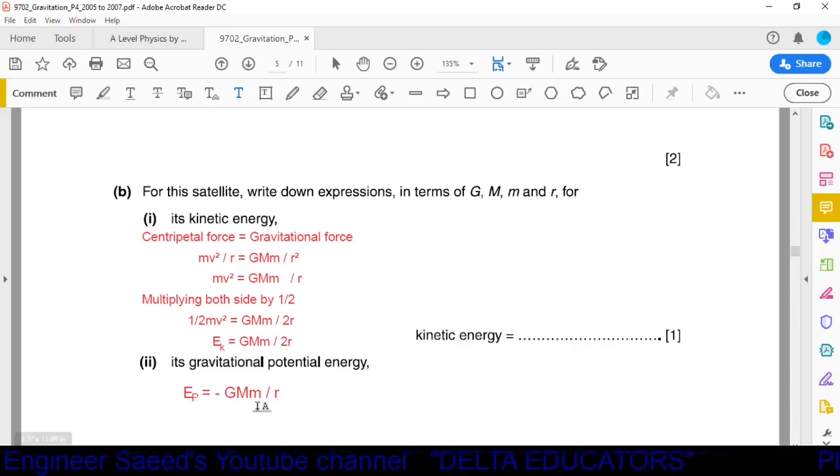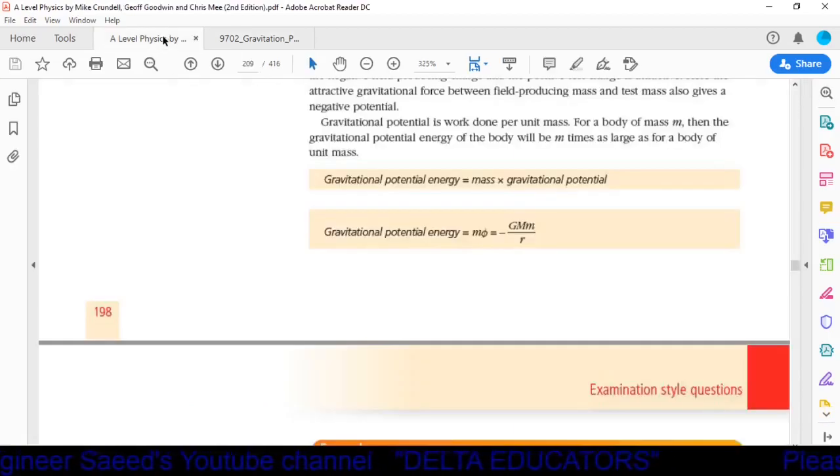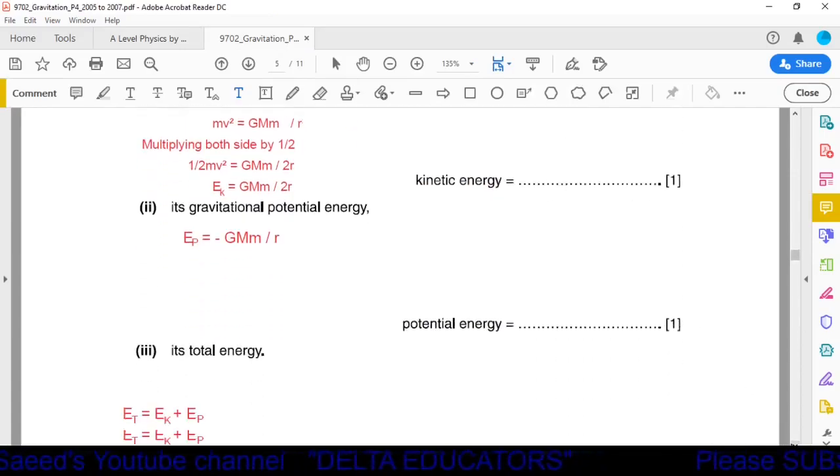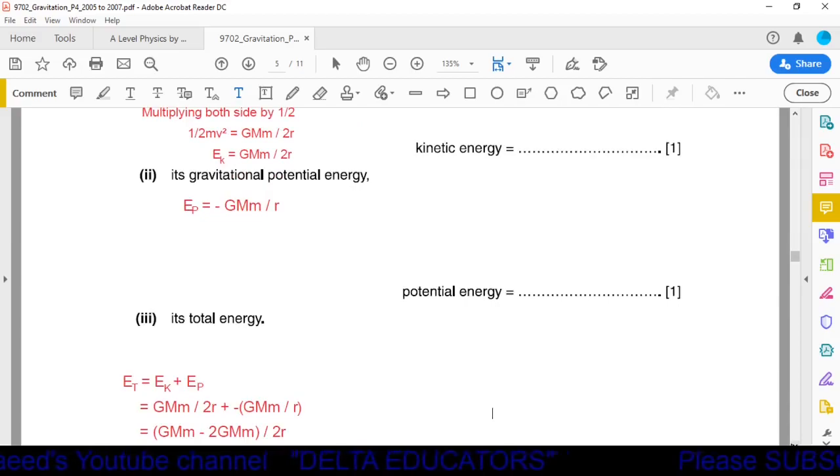And potential energy is given as minus GMm/r. Okay, now next part, we have to calculate total energy. Total energy is the sum of kinetic and potential energy.